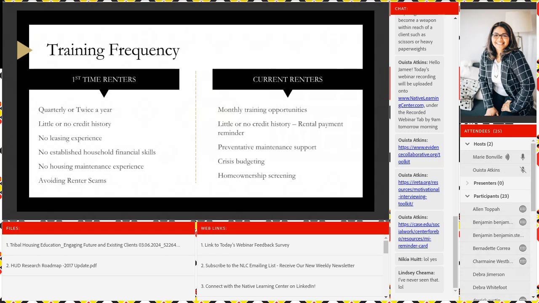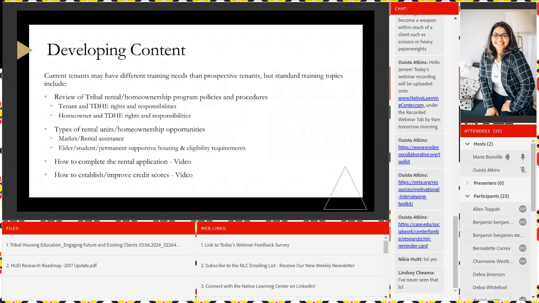Little or no credit history, rental payment reminders, preventative maintenance support, crisis budgeting, right? Homeownership screening. We're about to go into income tax time, or you might already have a VITA program, but maybe there's someone who can talk about savings, knowing that this lump sum of money might be coming in.